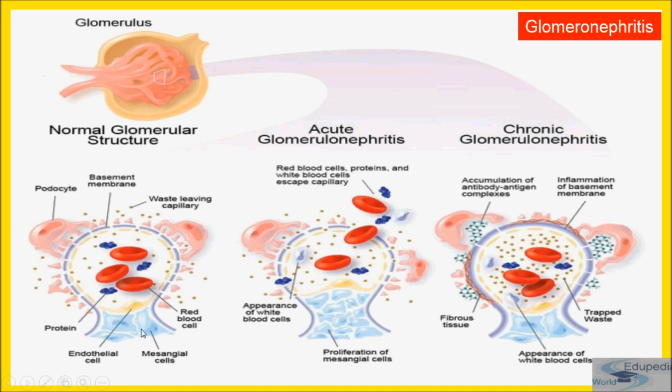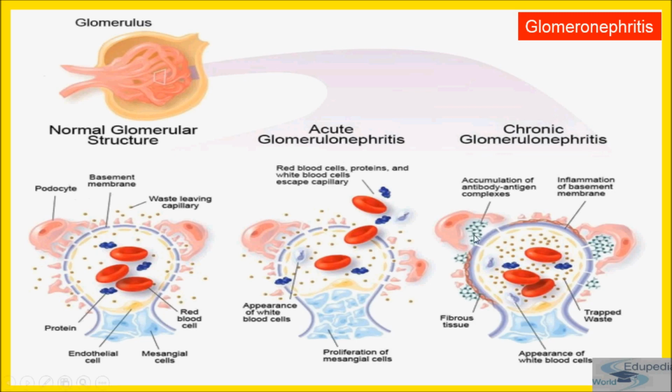As you can see, these mesangial cells are in normal quantity in the normal glomerular structure, but here the proliferation of mesangial cells is also seen, and red blood cells, protein, or white blood cells escape out of capillaries.